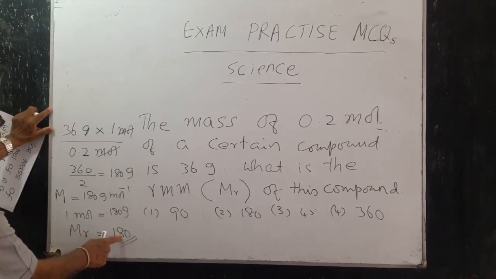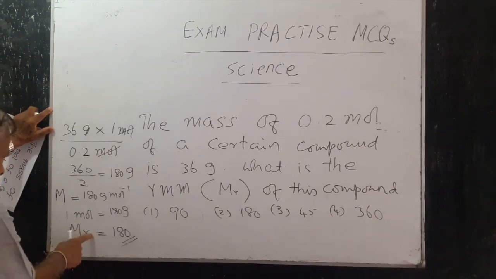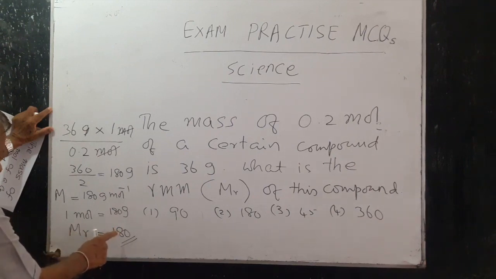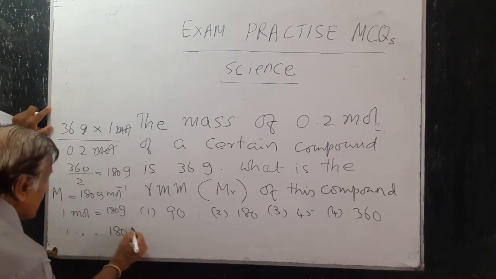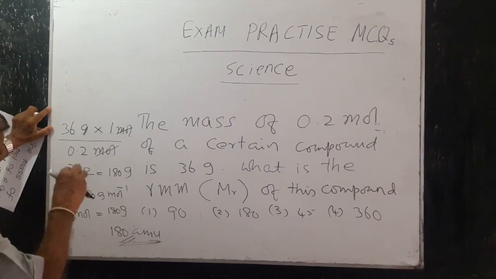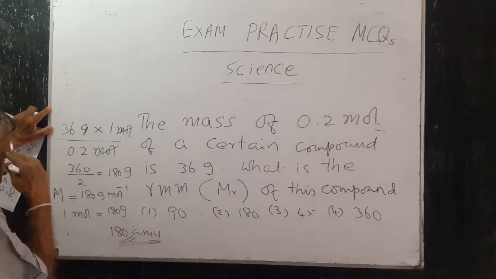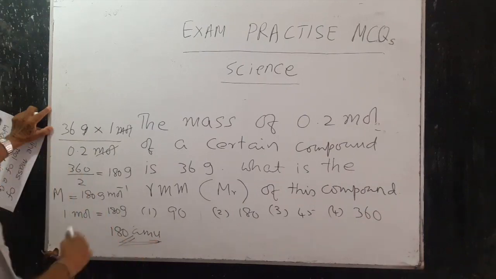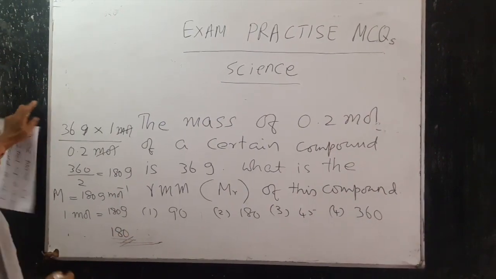Here 180 is not in grams, it is in AMU. Relative molecular mass of this compound is 180. Or you can say the mass of 1 molecule of this compound is 180 AMU, atomic mass units. When you say relative molecular mass, it is actually 180.